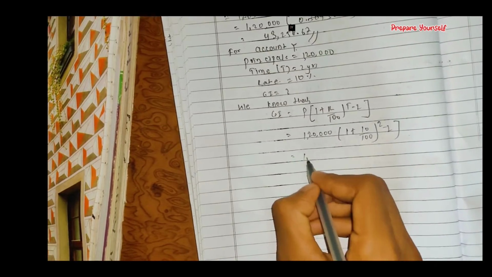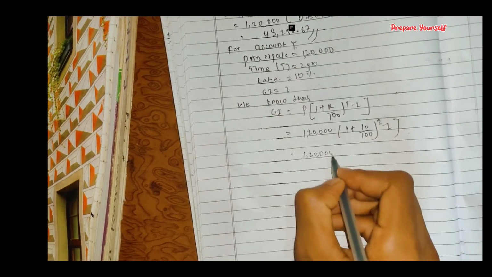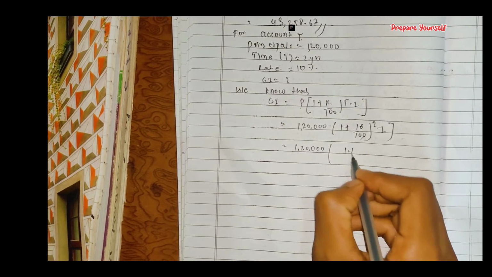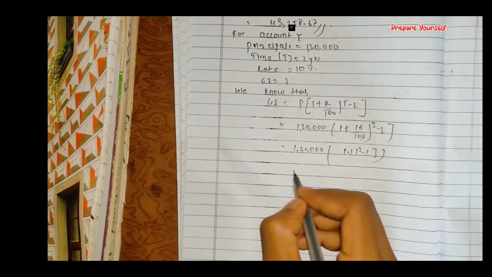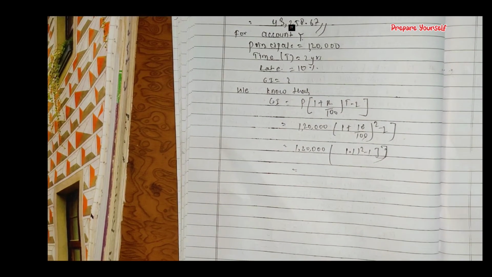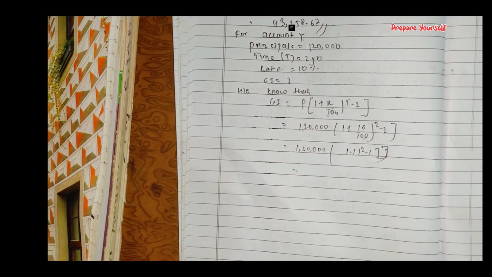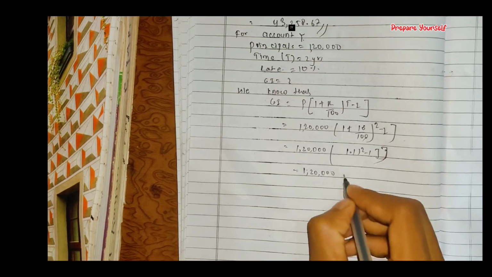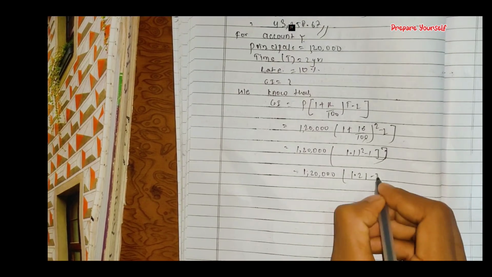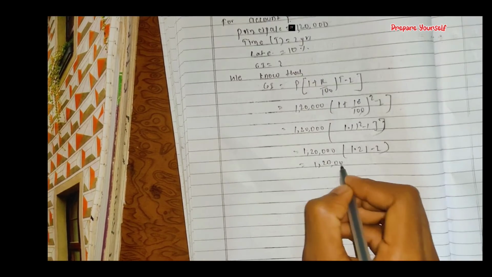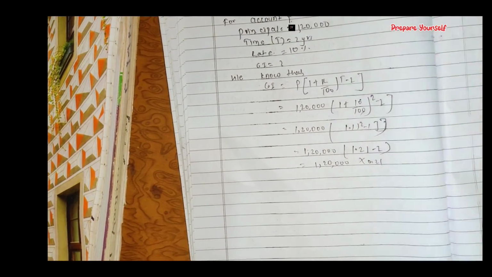So 1,20,000 times 1.1 square minus 1. When you solve this, we will get 1.1, and after this we have to do the square. When we do the square, this is 1.21 minus 1, so this will be 0.21.